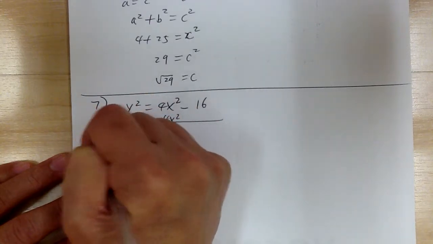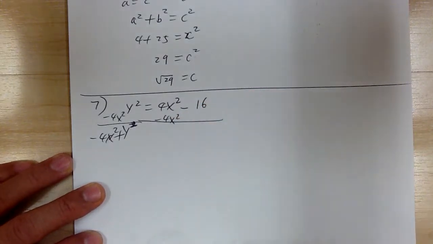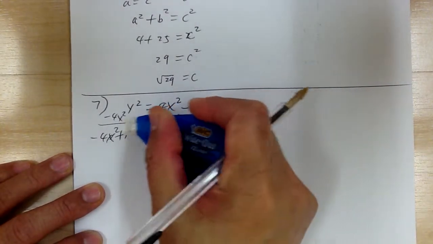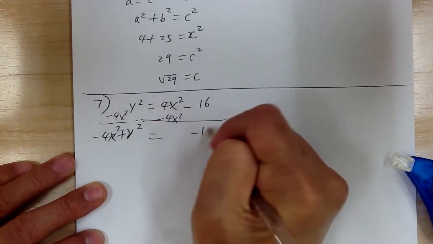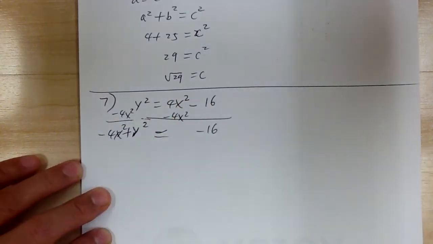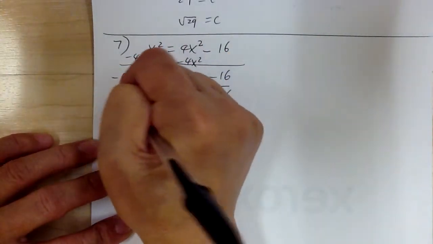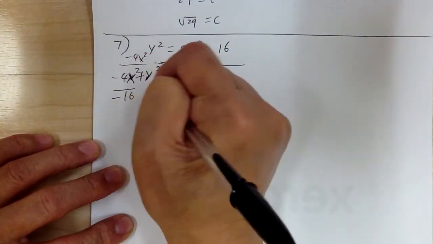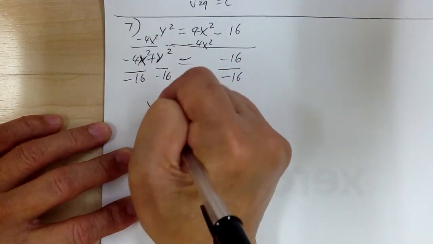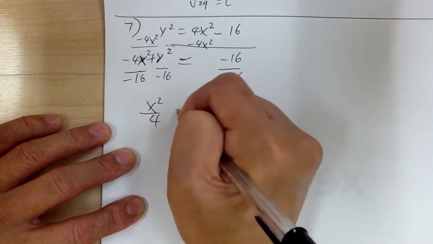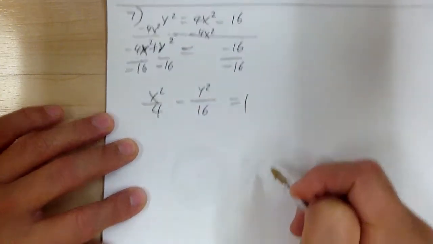You're going to end up with negative 4x squared plus y squared equal to negative 16. Next, divide everything by negative 16. So you're going to get x squared over 4 minus y squared over 16 equal to 1.